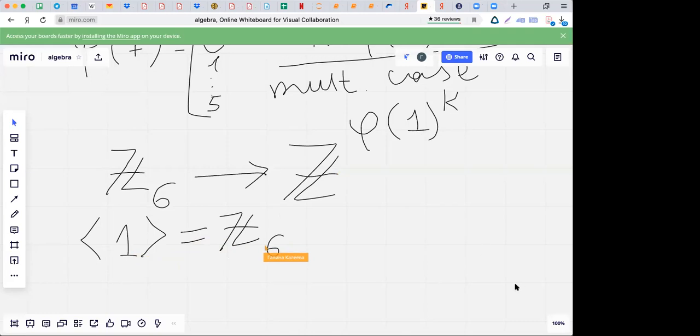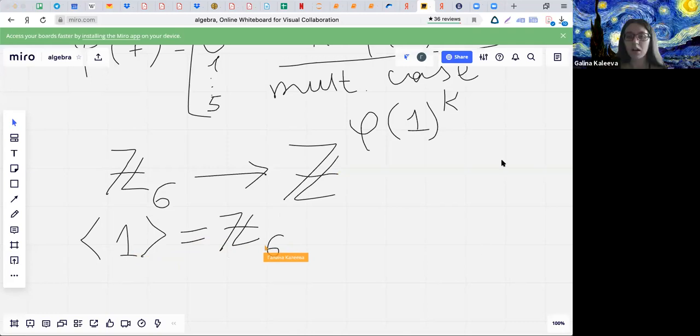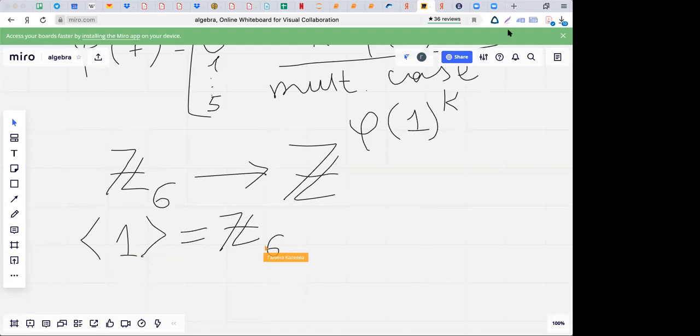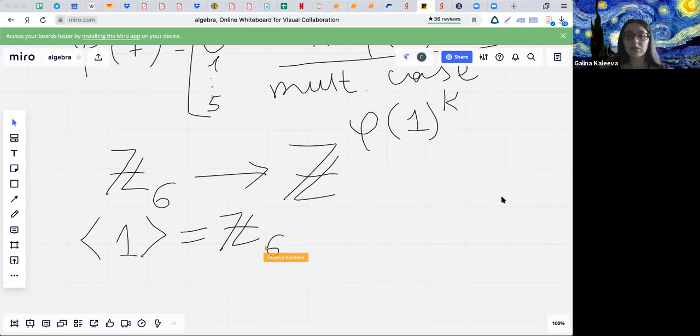Okay. And can I take, for example, 2 as a generator? But it won't form the whole group. You're right. 2 doesn't generate this group, because the subgroup generated consists of 2, 4, and 0, and that's all.